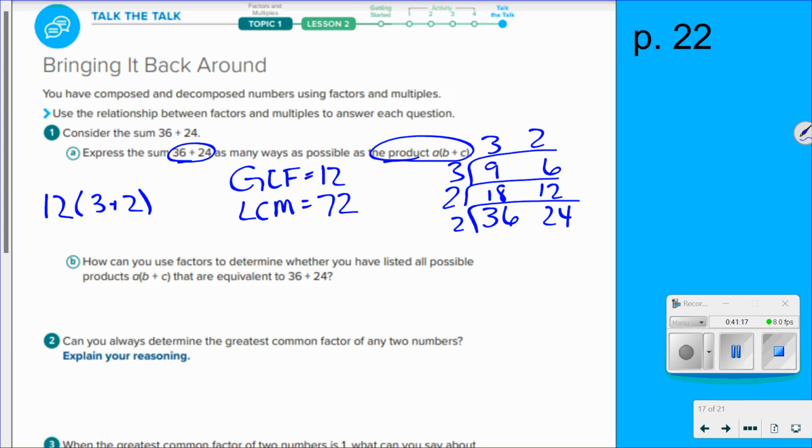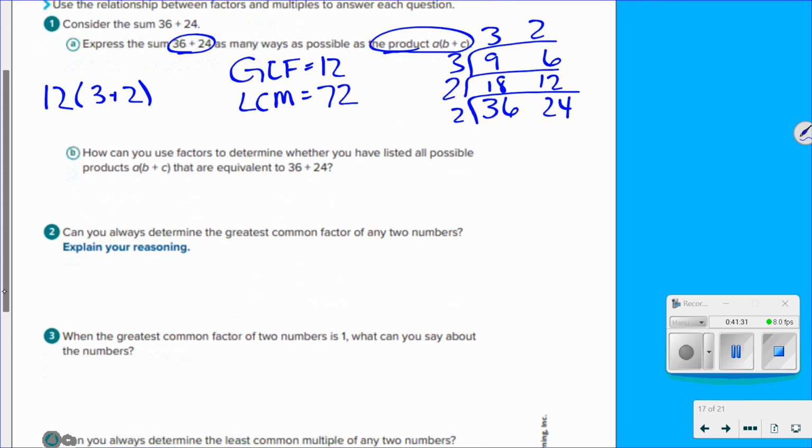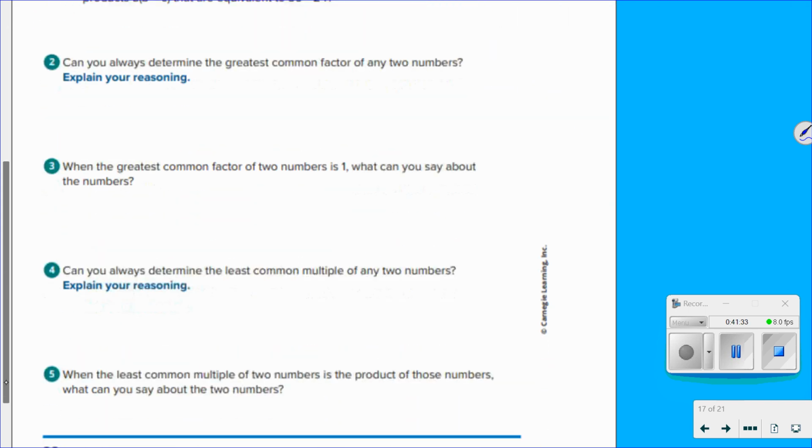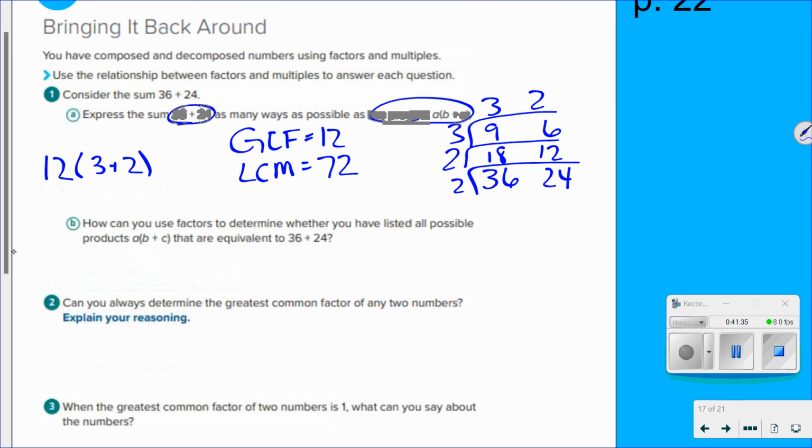Is using distributive property hard if you've used the cake? No. Shouldn't be. They've literally given you every number you need. Questions on any of these? Okay, we're not going to worry about the rest of those numbers. I just wanted to use that as an example.